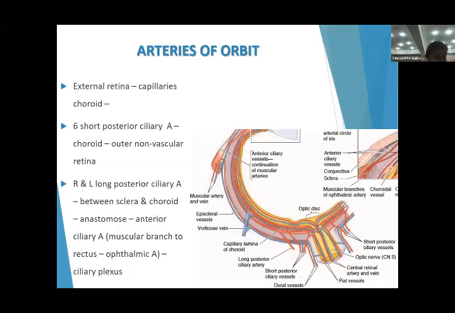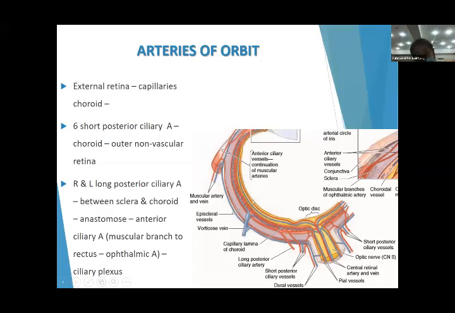Out of these 8, you have 6 short ciliary, short posterior ciliary, and 2 long posterior ciliary. ये जो 6 short posterior ciliary हैं, they supply the choroid. ये जो choroid की layer है, इसको supply करती है, and obviously choroid को करती है तो outer layer of the retina, outer non-vascular layer of the retina को भी supply करती है.